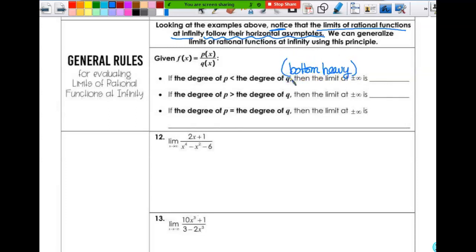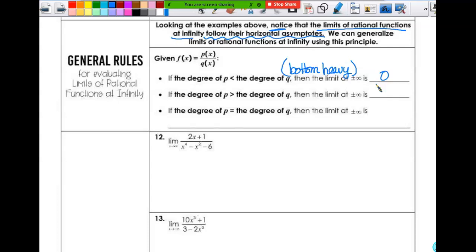Bottom heavy for a rational means that your asymptote is at y equals 0. So then, therefore, the limit at plus and minus infinity, since you've got this y equals 0 here, is 0. It's not y equals 0 because that's the asymptote, but the limit is 0. It's the same.